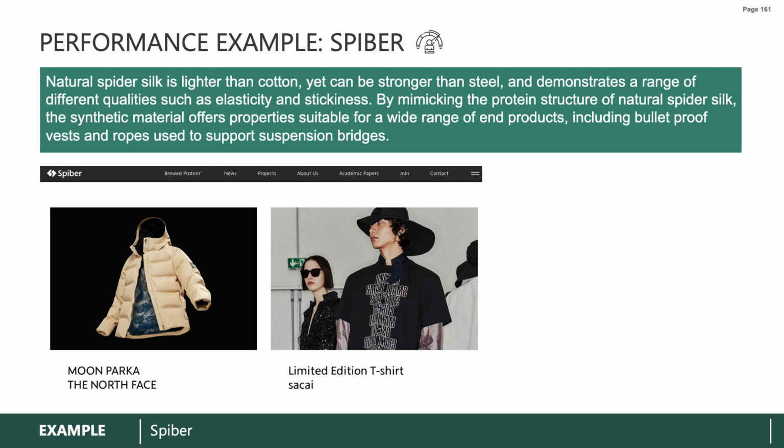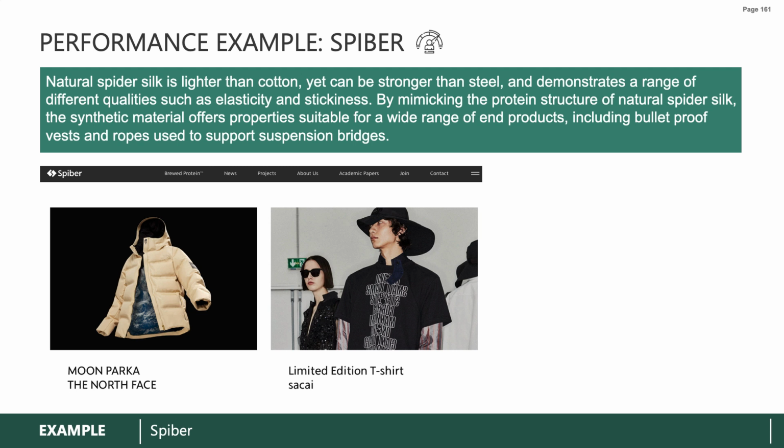So what's an example of performance? One of the companies that developed a unique piece of intellectual property, so they created a key resource, was Spiber. And they developed a synthetic material with similar properties to natural spider silk. And from that, they developed a range of products and clothing.